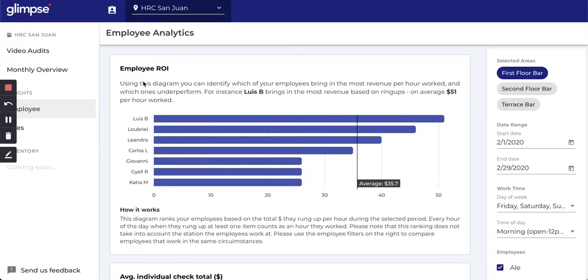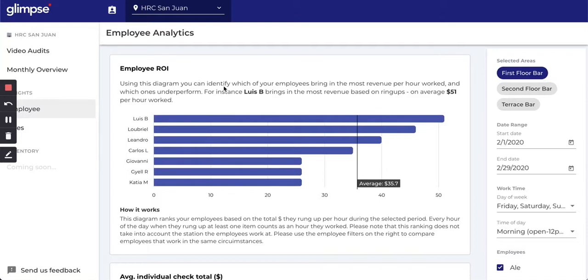In the first chart, we are calculating the employee ROI. And as you can see here, using this diagram, you can identify which of your employees are bringing in most of the dollars per hour that they worked, and which ones are bringing in less compared to average and compared to your top performance.